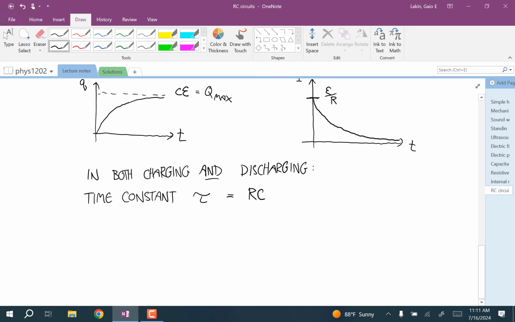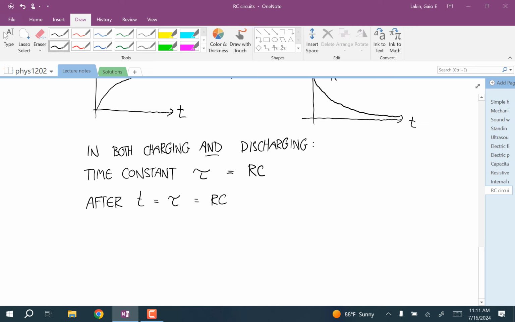And one important thing about the time constant is after an amount of time that's equal to tau, equal to RC, the charge in the capacitor when it's charging is 63% of its maximum possible.